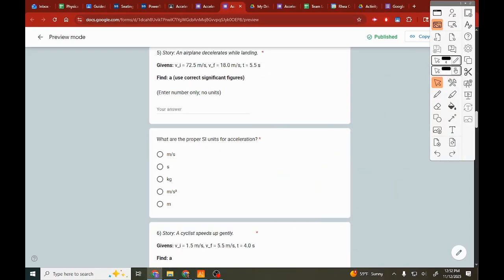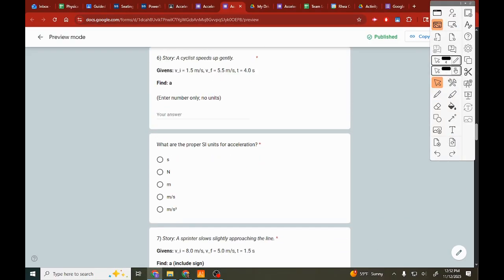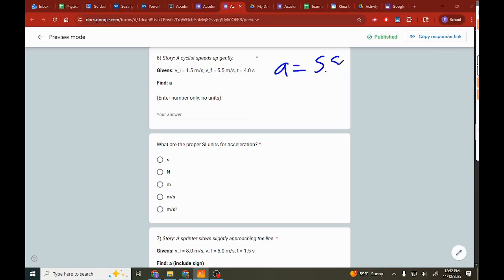Number 6. A cyclist speeds up gently. We're looking for acceleration. I'll go through this one quick. Final velocity, 5.5, minus our initial velocity, 1.5, divided by 4.0.